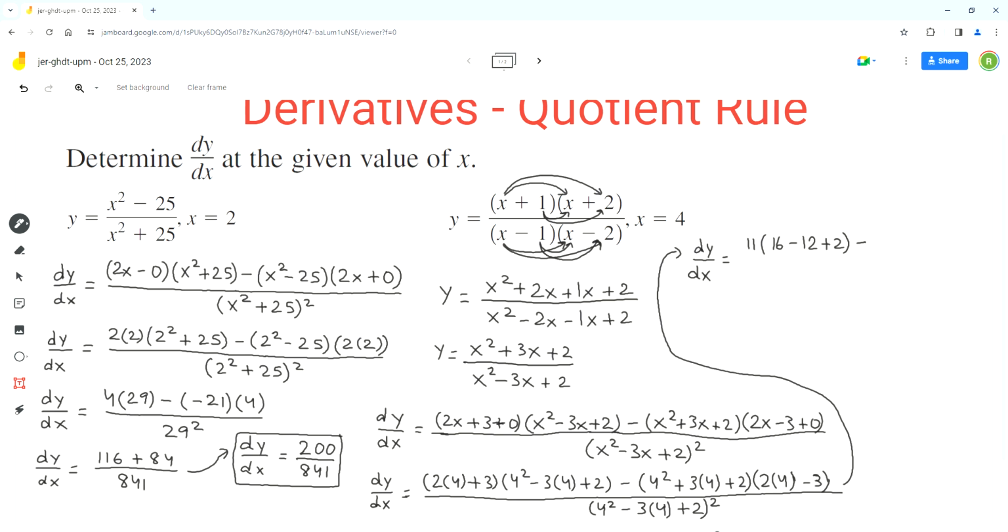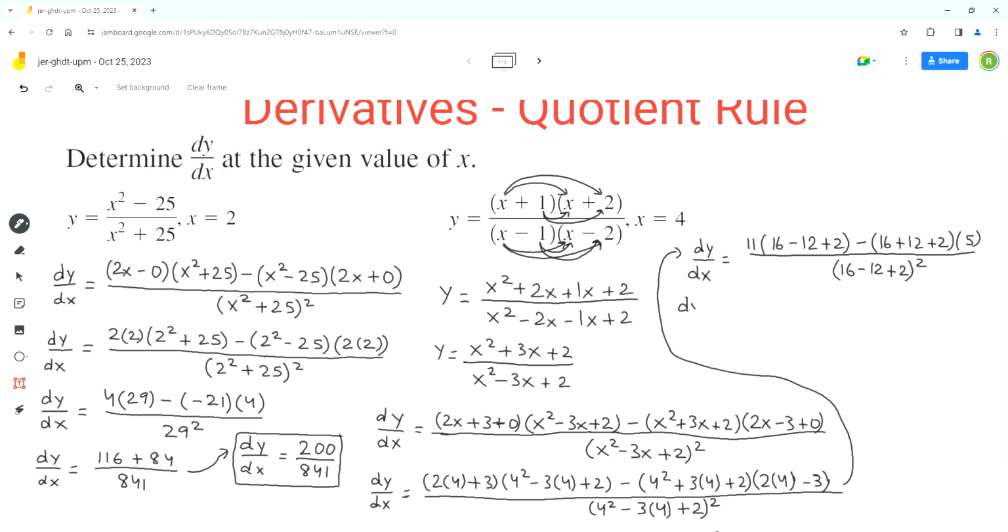Now minus, now in the second parentheses, 4 square is 16 plus 12 plus 2, and then times, so 2 times 4 is 8 and 8 minus 3 is 5, over. Now in the denominator, 4 square is 16, so 16 minus 12 plus 2 and then square.